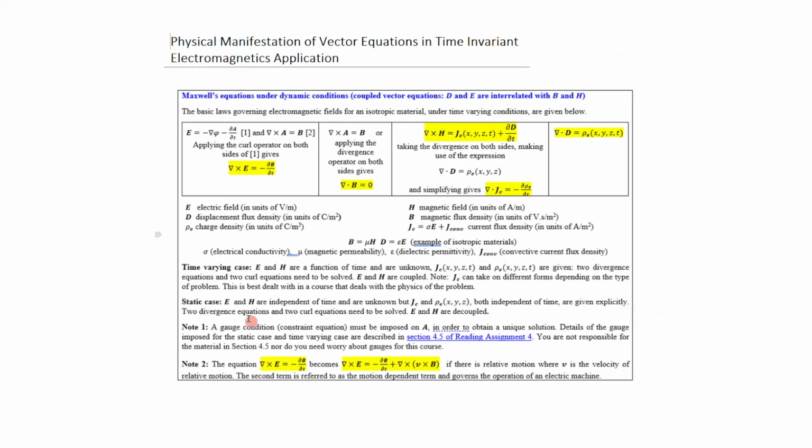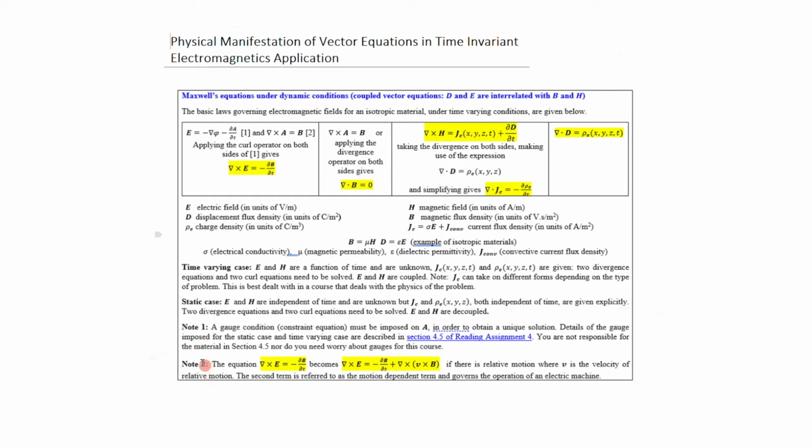So we end up with two divergence equations and two curl equations that need to be solved, but we end up with decoupled equations. We have a pair involving the divergence of E and the curl of E, and another pair involving the divergence of H and the curl of H. They're independent of each other. And so those are problems that we can solve if we apply certain symmetry, at least in this course.